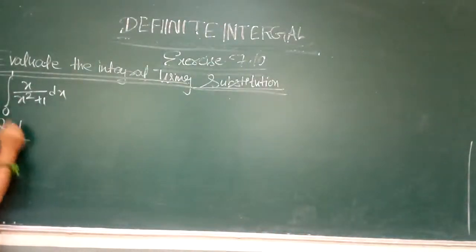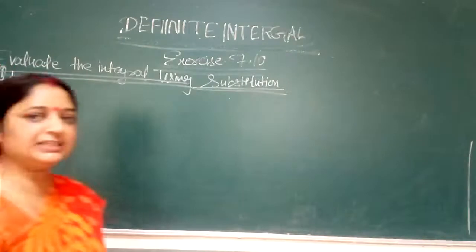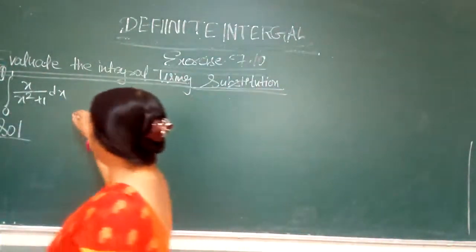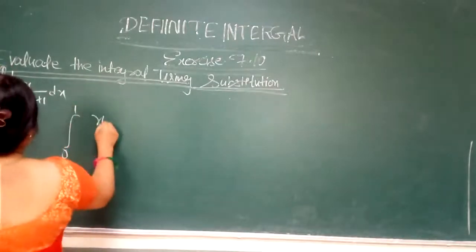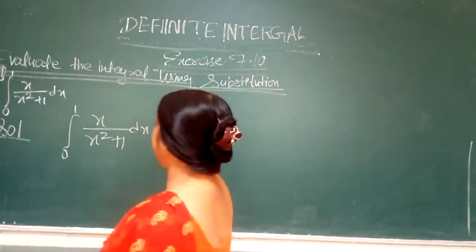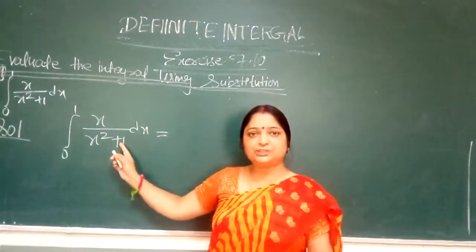Solution of question number first is the integration from 0 to 1 of x upon x square plus 1 dx. Now students, when we put the substitution here, what is the derivative of x square plus 1?